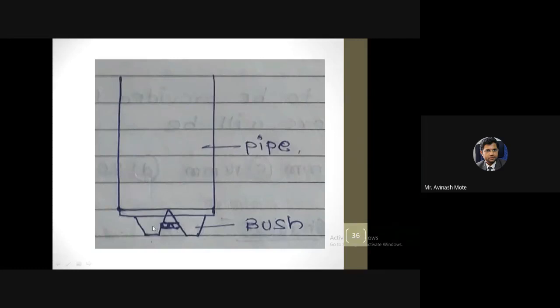Okay, now if you check your sofa set, you will find this kind of bush at the bottom, not a solid, not a hollow, but this kind of bush. Generally we use either a wooden chair or a plain chair, which has a very small size cylindrical pipe that doesn't require the bush.